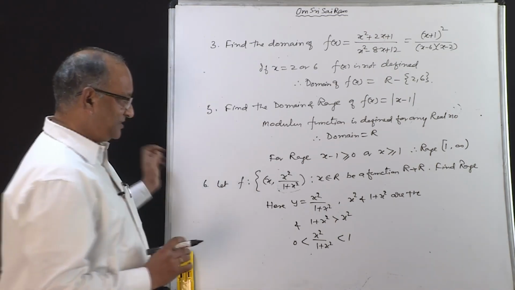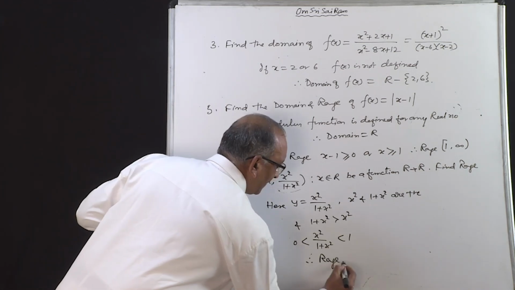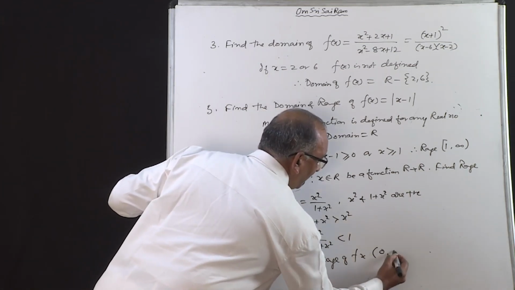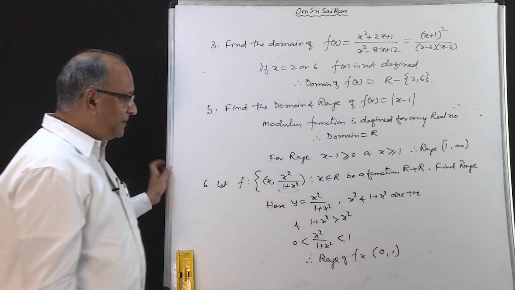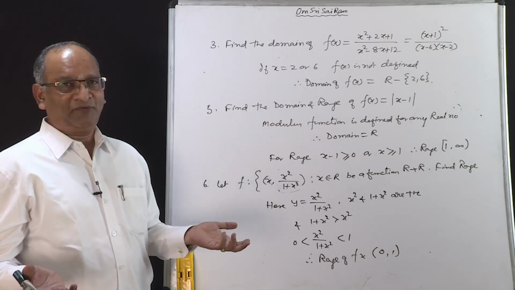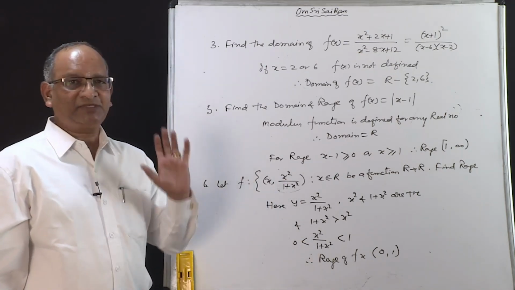So what is the range? Can it be less than 0? No. Why? Because x square cannot be negative. X square is always positive.